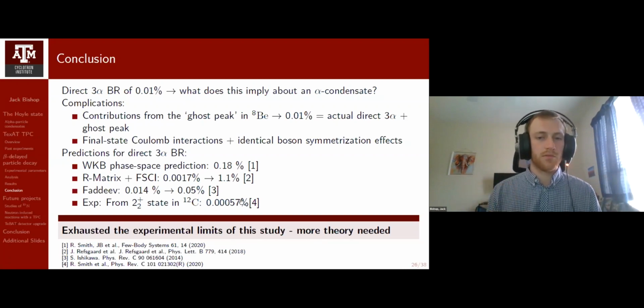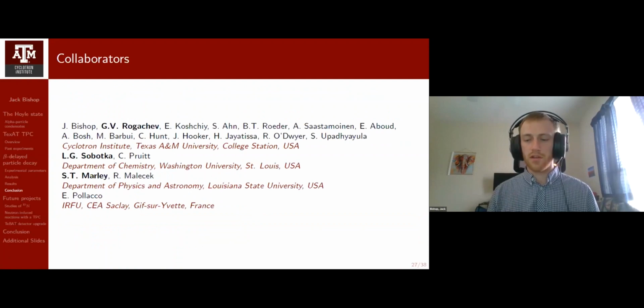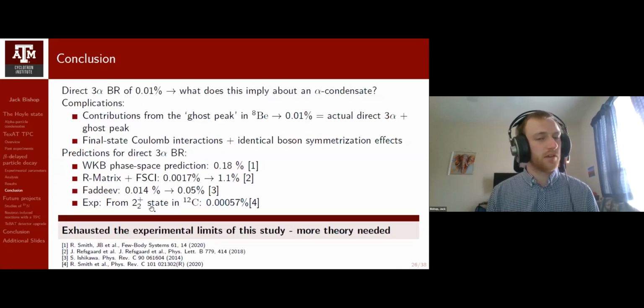So a very, very small fraction. This is a very interesting result. It just leaves the question of whether this 2+ state really is a rotational excitation of the Hoyle state or not, which is an open question, I believe. So the long and short is that we've managed to exhaust the experimental limits with this study, and we're at the stage where more theory is needed.